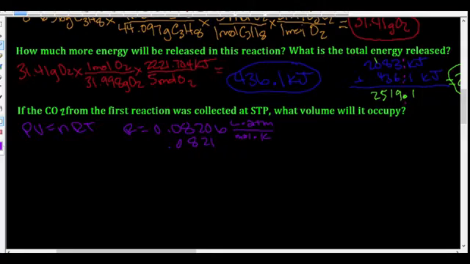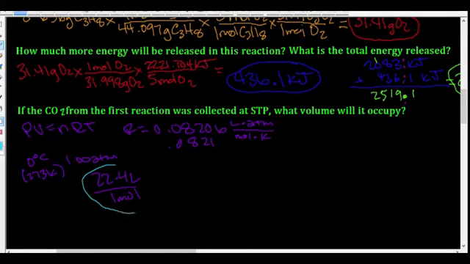Or you can go with the definition of STP at 0 degrees Celsius, which is 273 Kelvin, and 1.00 atm, 22.4 liters for every mole. The simplest way to do this, in my mind, is to use this conversion factor right here. You can do it the other way. Your answer is going to be exactly the same as mine.